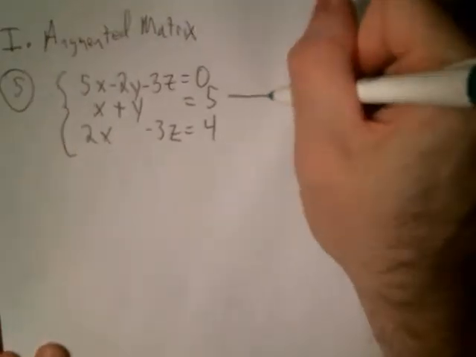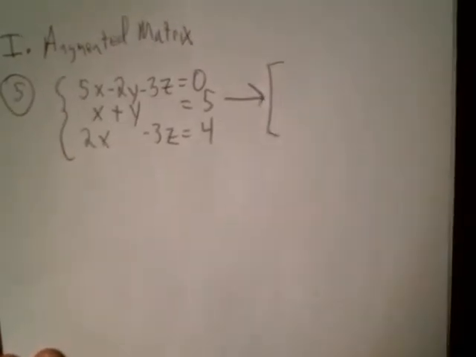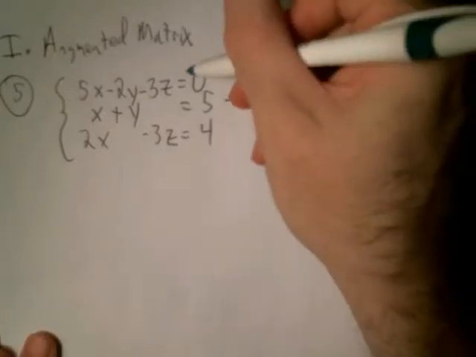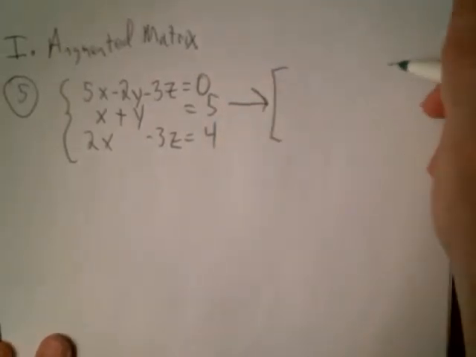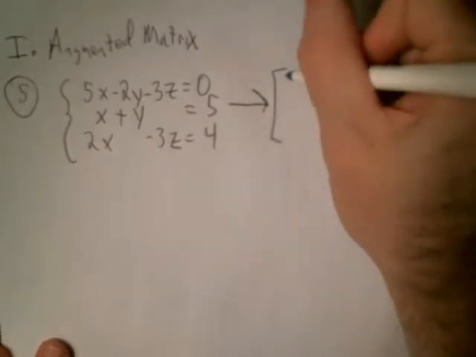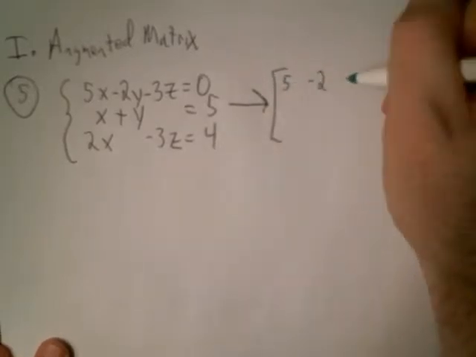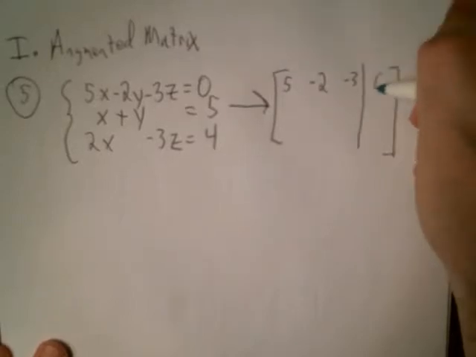Okay. So the way you do this is just basically pick off all the coefficients and then put a line where the equal signs are and then put 0, 5, 4 on the other side of the line. So we have 5, -2, -3, line 0.